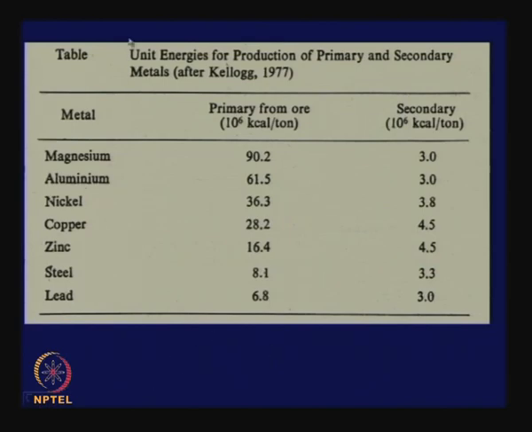But if you produce from the secondary source, it is so much easier. And metals like lead are very easy to reprocess. Many of the car batteries that use lead, the lead goes back and it is refined, cleaned off, and it comes back into the market.